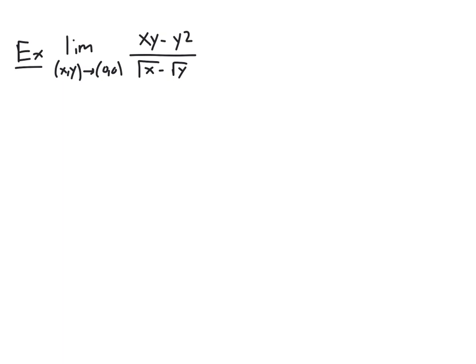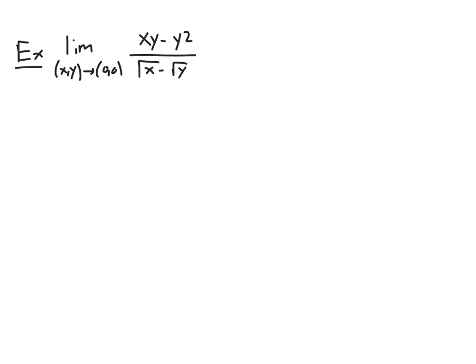Now, if we think back to the beginning of Calculus 1, when we saw limits that involved a square root minus a square root, like in the denominator here, we had a technique that we almost always went to, and it almost always worked to simplify our function and rewrite it in a nice way. And that is the idea of multiplying and dividing by the conjugate of that expression.